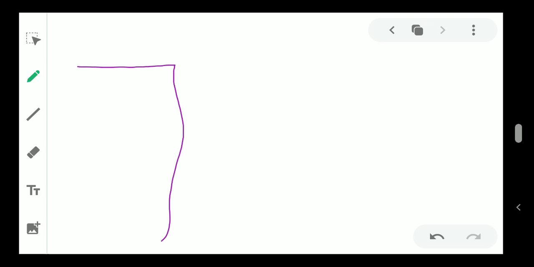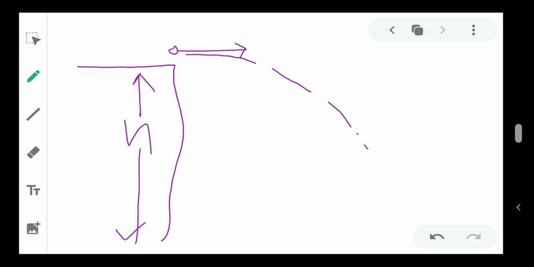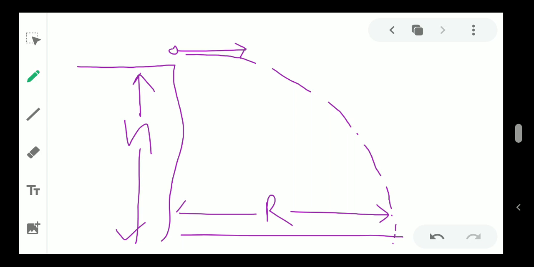In the next part, this was all about projectile motion, but there is so much math we have to do. If I am throwing a ball from a height h, the ball will go like this, right? Try to find r in this case.